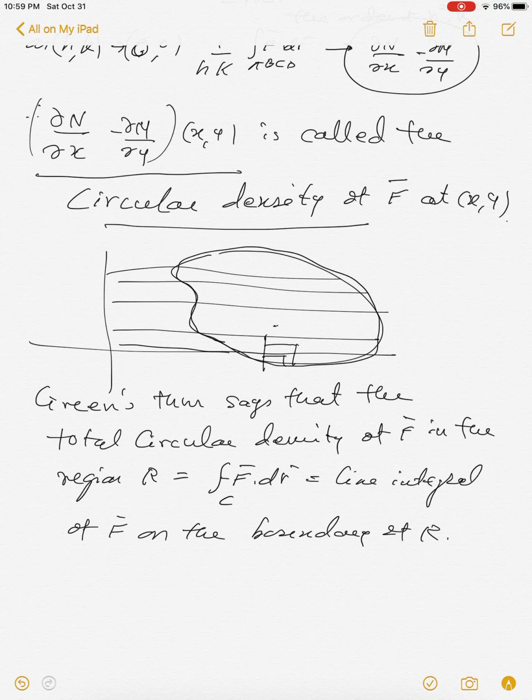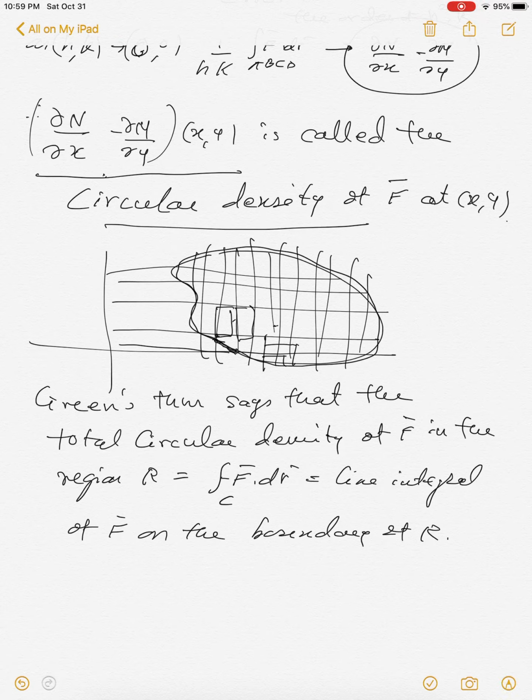A way to think about the proof is you chop this region into small rectangles by taking a partition, as we did when we defined integrals. If you chop this into a very small partition, then you look at each rectangle. Forget about the ones at the edge, which are not rectangles.